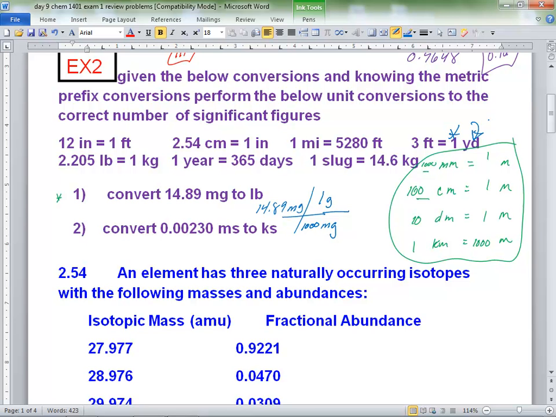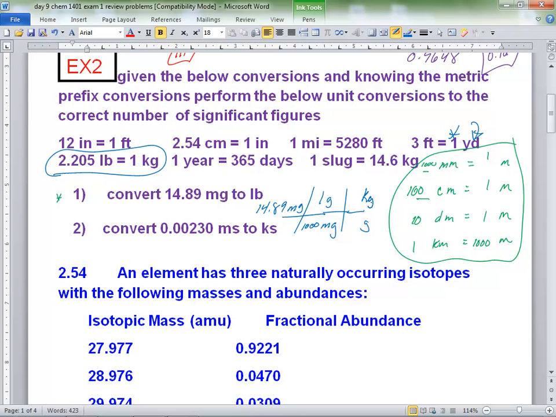Yeah, we got to get the grams to pounds. So you could do this and say, hey, do I know what numbers to put in there? We don't know grams to pounds, but we do know grams to kilograms. So let's erase the pound and put in a kilogram.